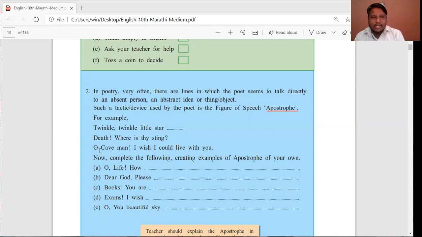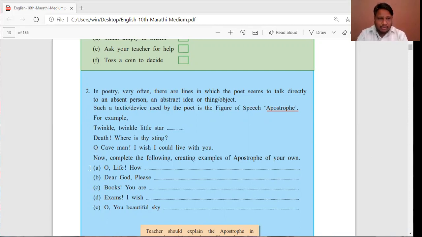And third, caveman: in reality that person is not in front of the poet, but he talks to him indirectly. Such examples are examples of the apostrophe figure of speech, when the poet talks to an absent person or abstract ideas.